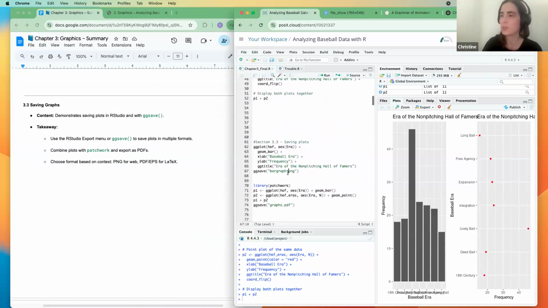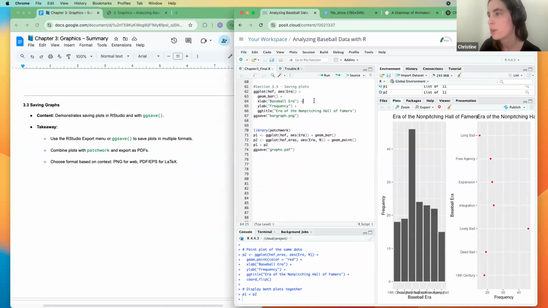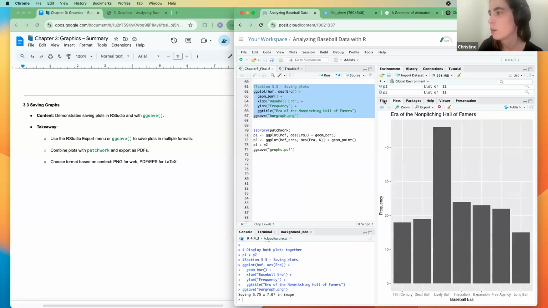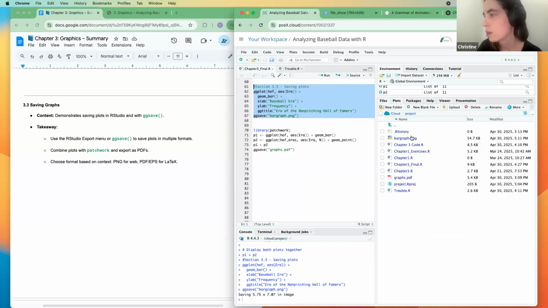Okay, this part I won't spend too much time on, but I never used patchwork before, so it was interesting to go over saving plots and being able to put them in a PDF together. First, taking the data and creating a graph with the baseball era and frequency like we have and just saving it into a PNG, and it went over how you could do it for PDF.